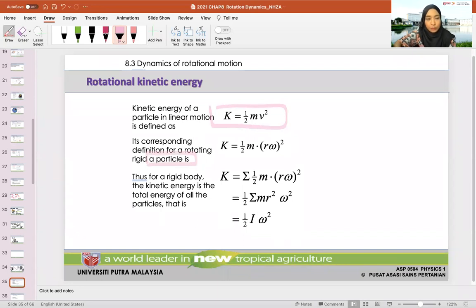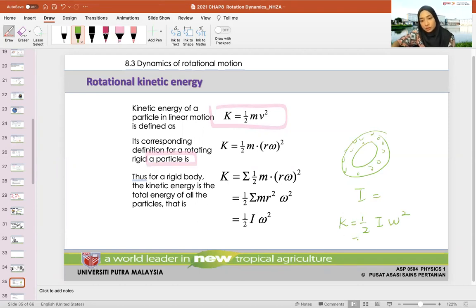Now remember, if we have an object such as a ring, we have many, many particles for which we need to calculate the moment of inertia. We don't want to do that. We want to know, what is the moment of inertia for this object? And we use the table or we use integration, right? So same case here: your kinetic energy for a rotating rigid body is K equals 1 over 2 I omega squared.